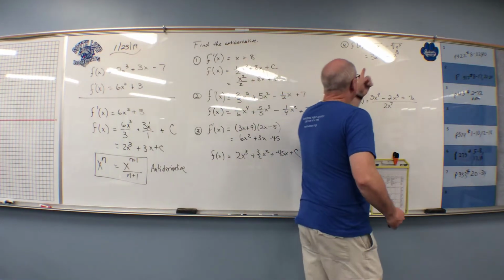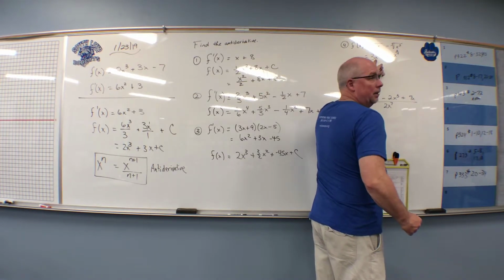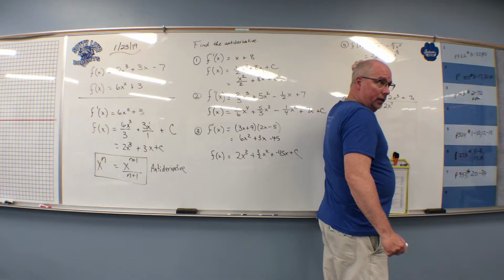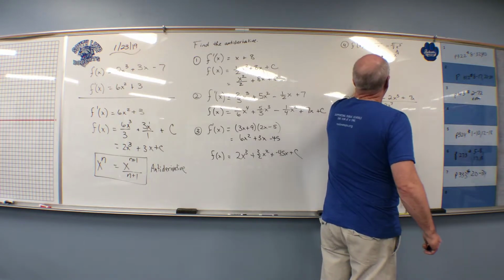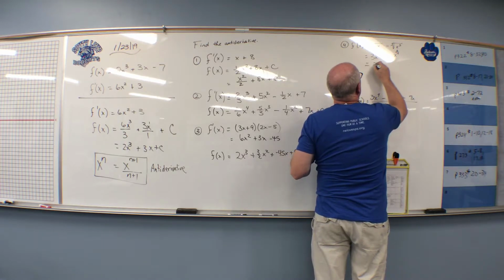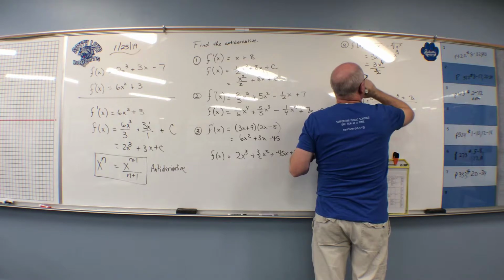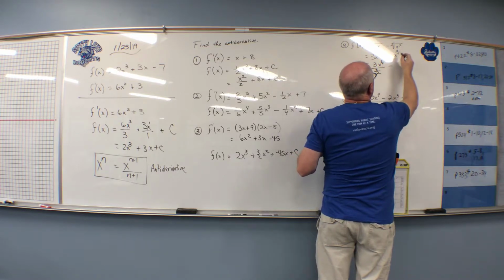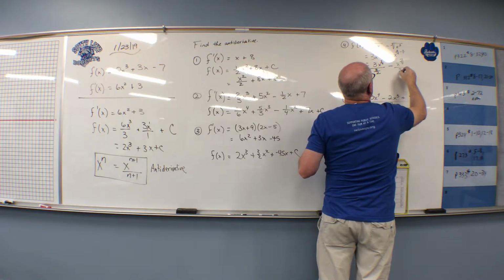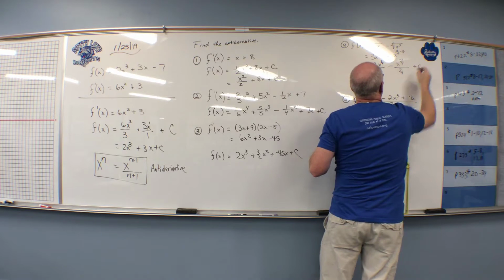So the first thing is we raise it up 1, which is 3x to the 3 halves. 1 half plus 2 halves is 3 halves. We're going to divide that by 3 halves. Minus, and we're going to add 4/4 to this, 7/4. So x to the 7/4 over 7/4 plus c, correct?